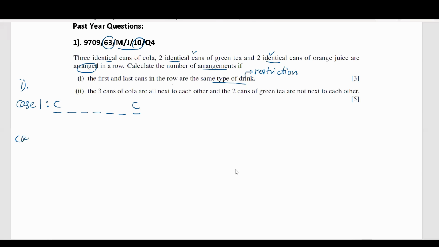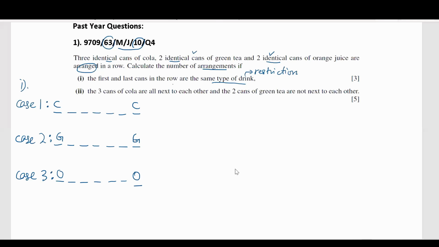And case 2, we will put the green tea at the first and last. Then you can tell that case 3 will be the orange at the first and last.